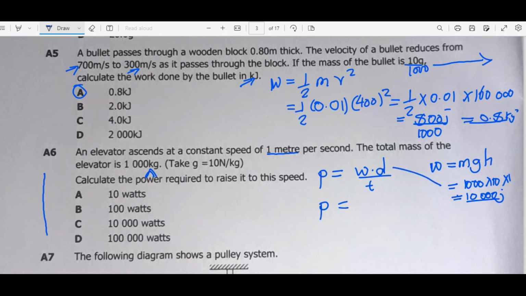So the work done is this number 10,000 joules over time. What's our time? We are told per second, so whenever we have per second, same as 1, which is the same answer, 10,000 watts. So our answer is C.